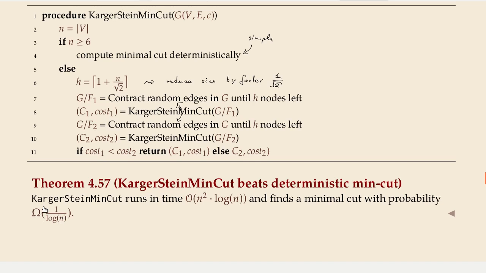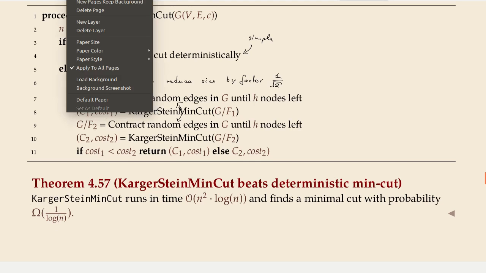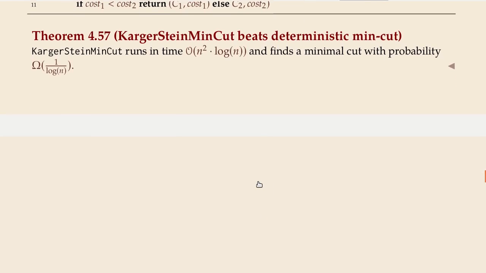So giving here a precise bound is a bit more challenging, but at least this tells you, if you repeat that a few times, it's easy to obtain an algorithm that has a high probability to give you the actual min cut. So let's prove this, and let's first look at the runtime, because that's simpler.